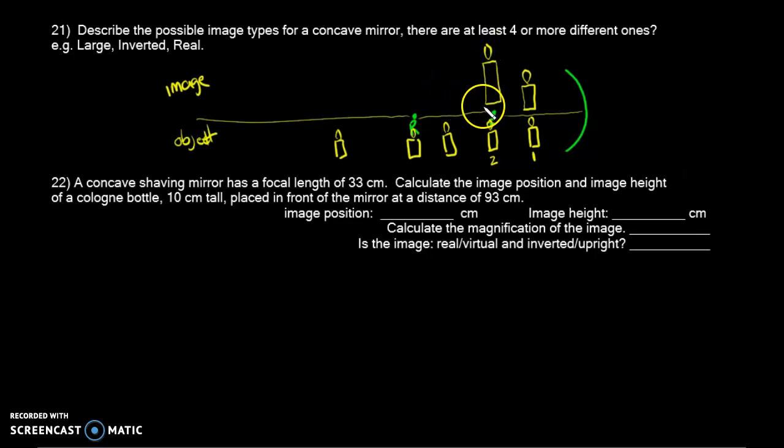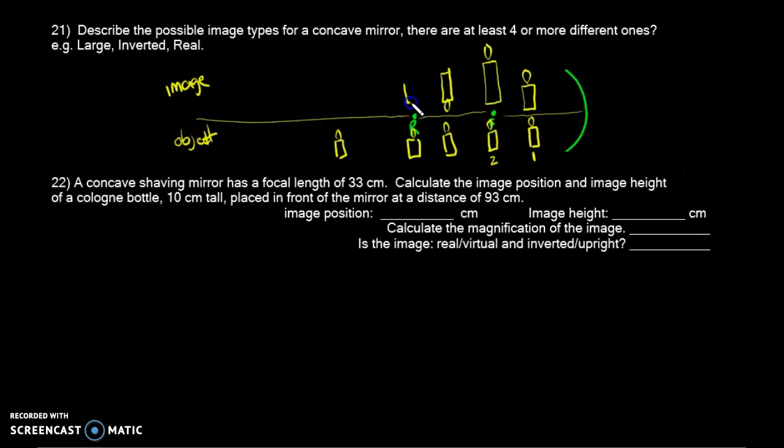And then as soon as he stepped beyond this focal point, the candle was still giant, but now it was upside down. I drew that one too big. So it's still bigger than the original candle. It's getting smaller though, and it's inverted.